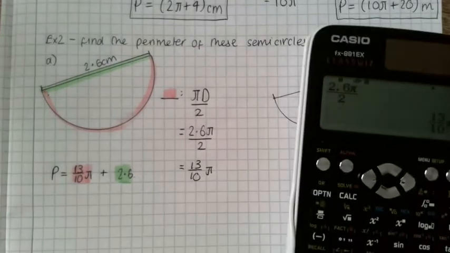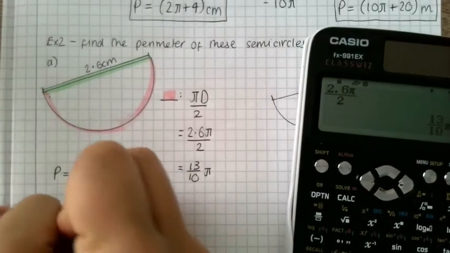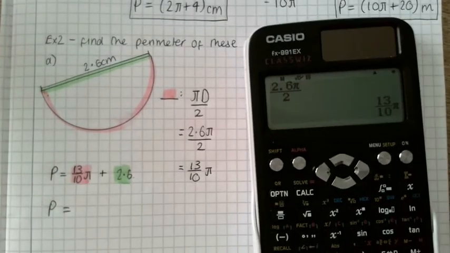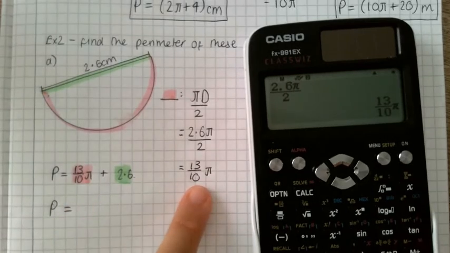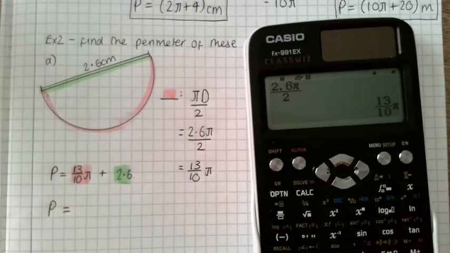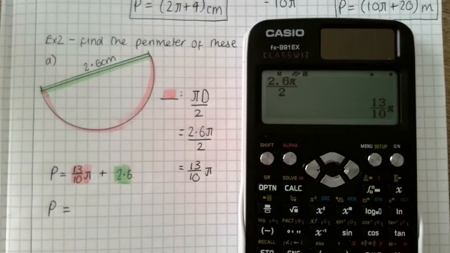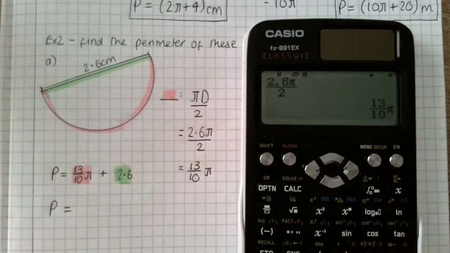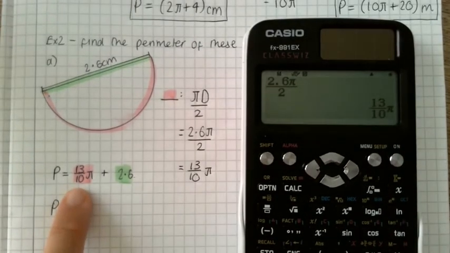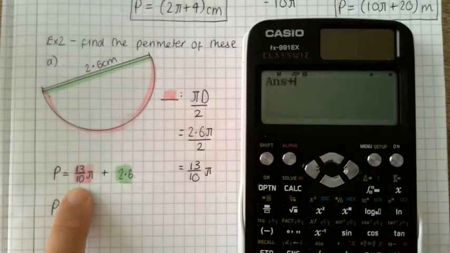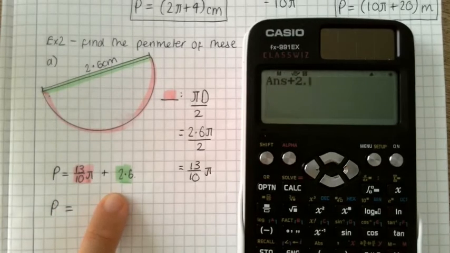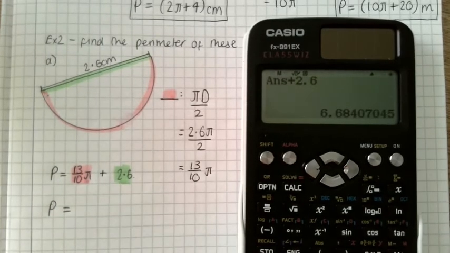Now this is what I'm going to type into the calculator and round. Because I haven't rounded this, I'm going to get the exact correct answer. So I've already got 13 over 10 pi in my calculator, so I'm just going to press add, and you can see that it adds your previous answer, plus 2.6, and it's going to give me my answer, 6.68.